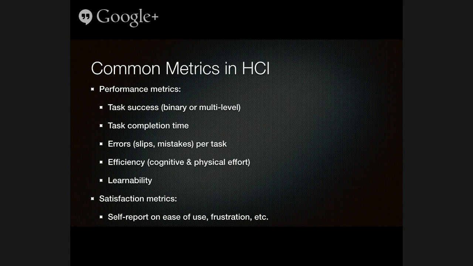Learnability is doing the same task many times in a row and seeing if people get better at it. And usually they should. Either your UI was super usable or super unusable if you don't see any learnability in there.